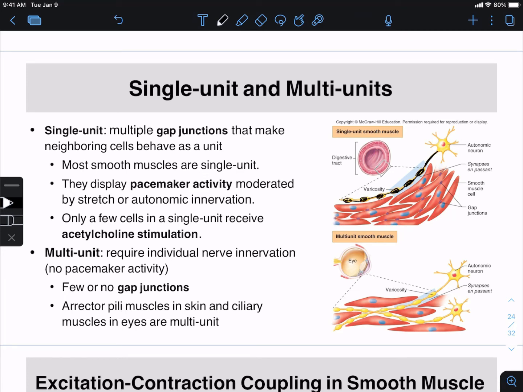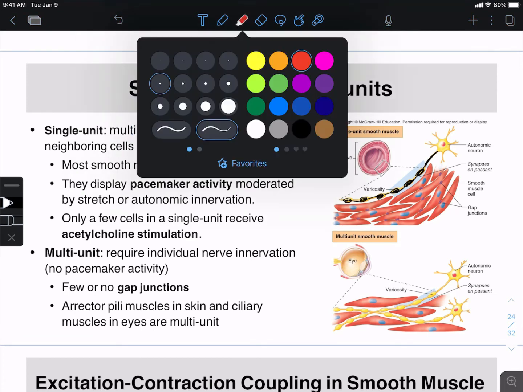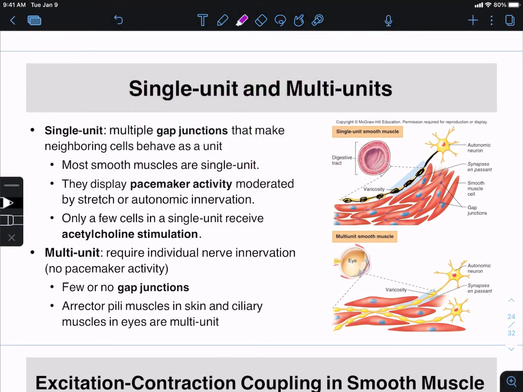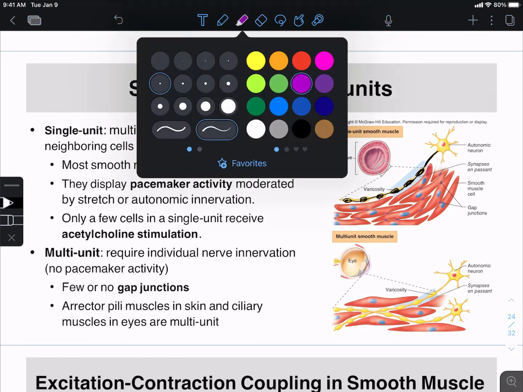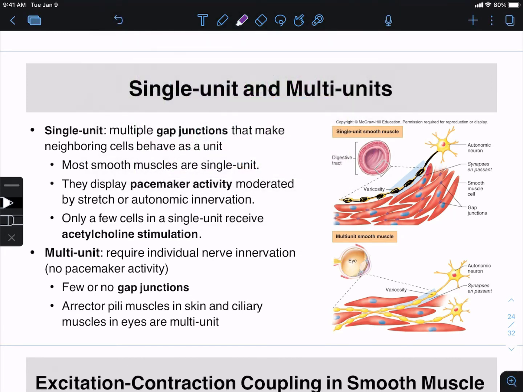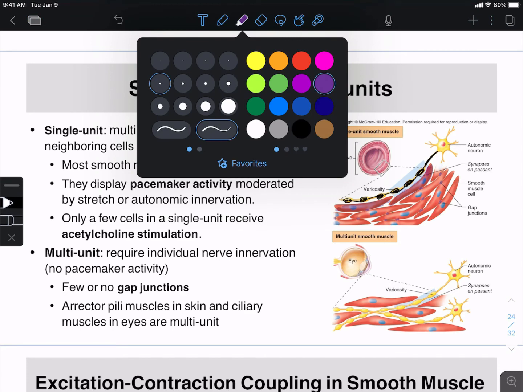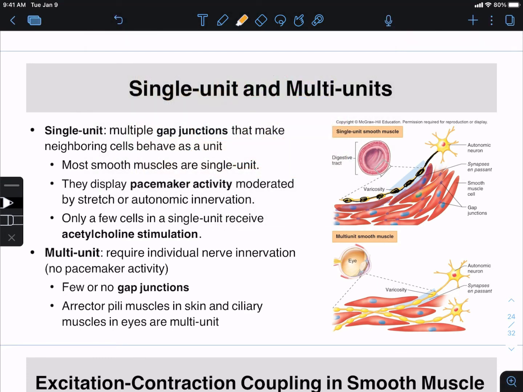And so when the neurotransmitter is released from those autonomic neurons, we're going to get contraction first of this top layer here, but then we're going to get a wave of contraction as it spreads from cell to cell.